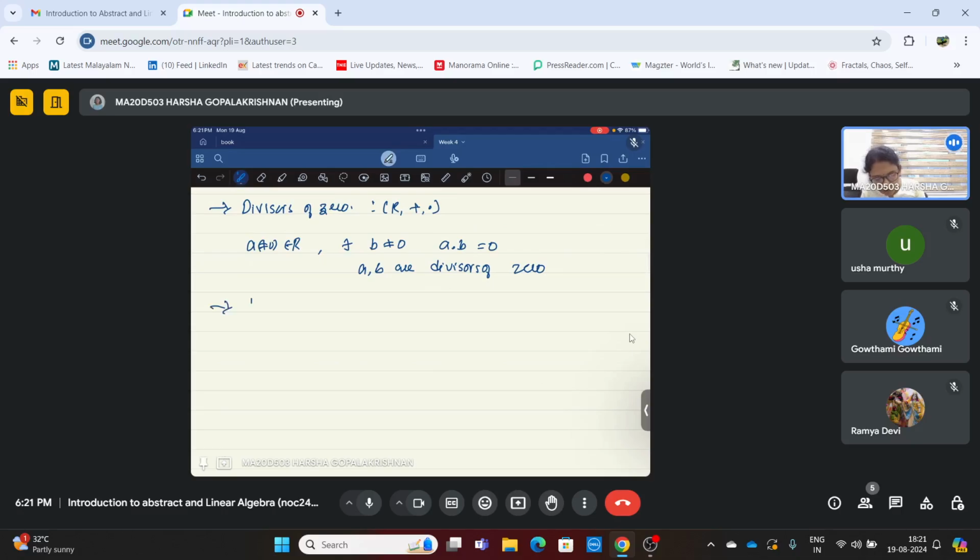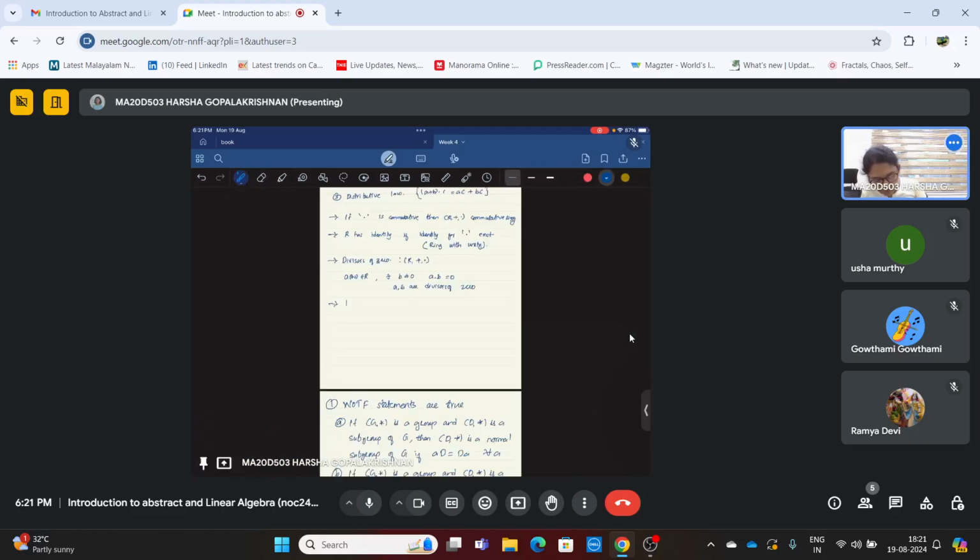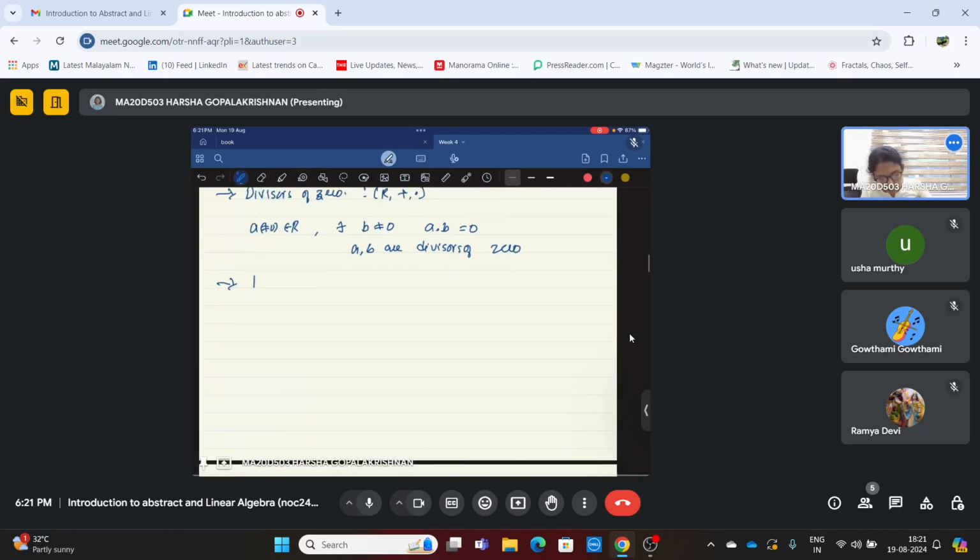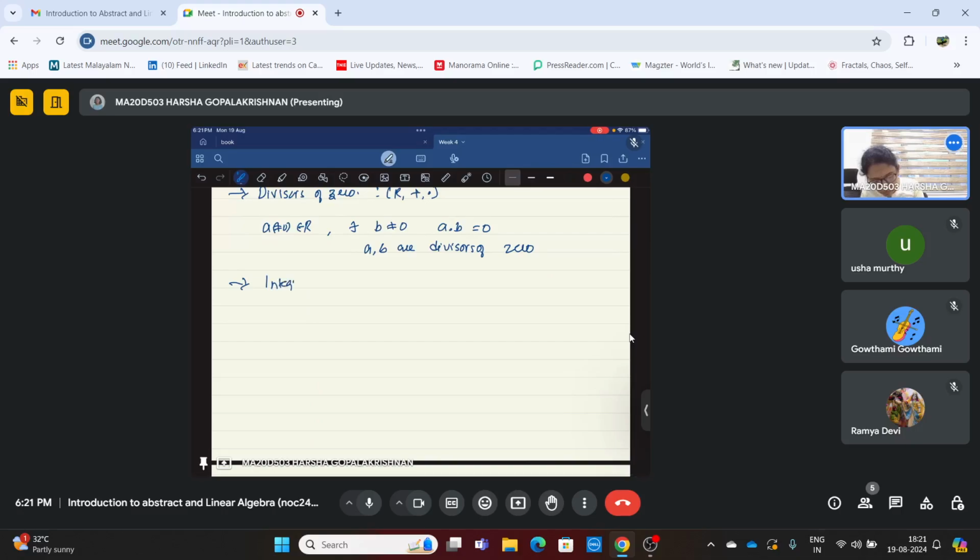Now we will just quickly define what an integral domain and a field are. Again we will start with (R, +, ·). This is called an integral domain if, first of all, it is a commutative ring with unity. Commutative ring means multiplication is commutative, and for the multiplication operation there exists an identity element.